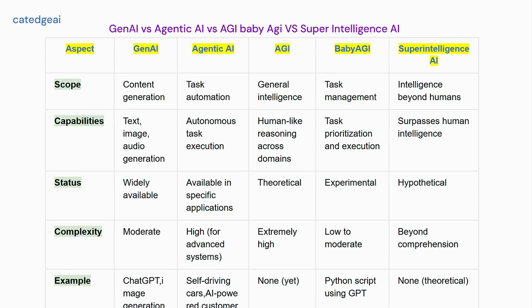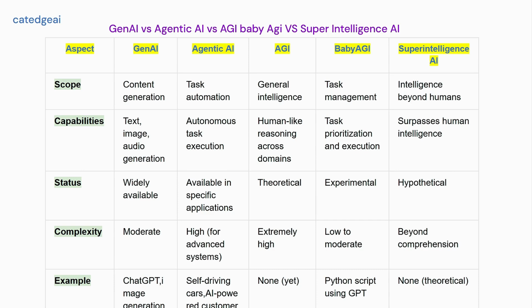Then going to AGI, general intelligence has human-like cognitive ability. It will do whatever a human will do. This concept is theoretically available mostly, but some folks say that major companies are working hard in the background on this AGI.